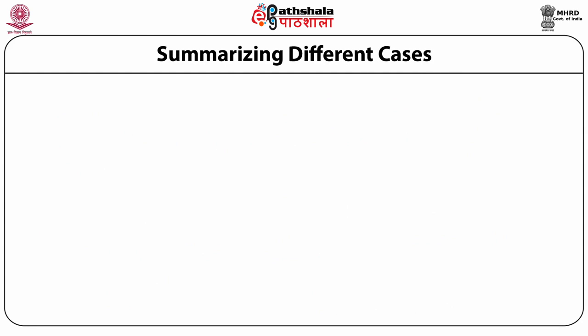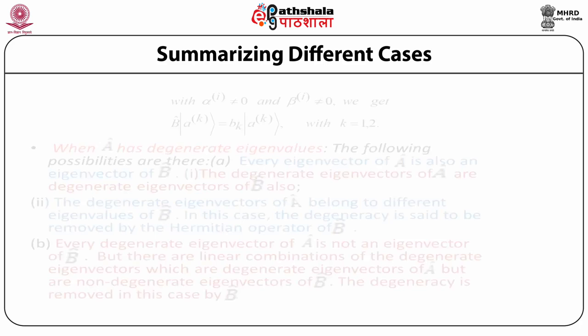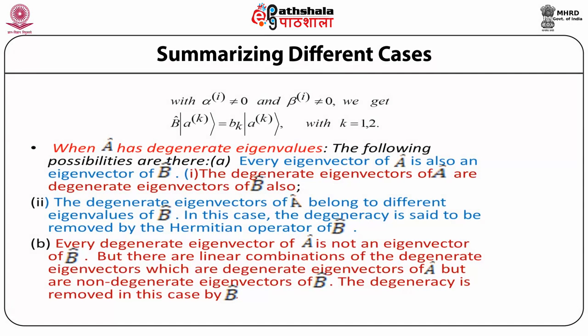Summarizing different cases. Now, with alpha i not equal to 0 and beta i not equal to 0, as we have seen previously, we get operator B acting on ket vector Ak is equal to Bk times ket vector Ak with k equal to 1, 2.